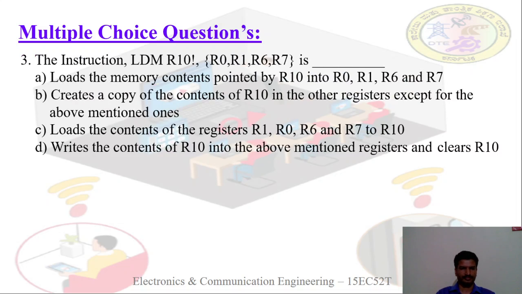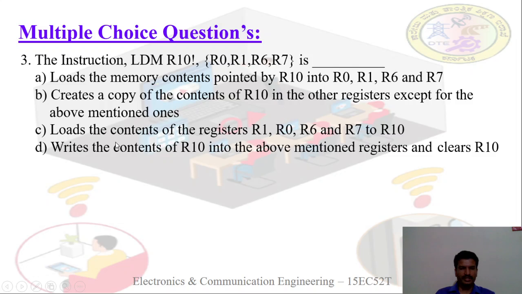Next question: the instruction LDM R10, within the flower bracket R0, R1, R6, R7 is dash. Option A, loads the memory content pointed by R10 into R0, R1, R6 and R7 registers. B, creates a copy of the contents of R10 in the other registers except for the above mentioned ones.